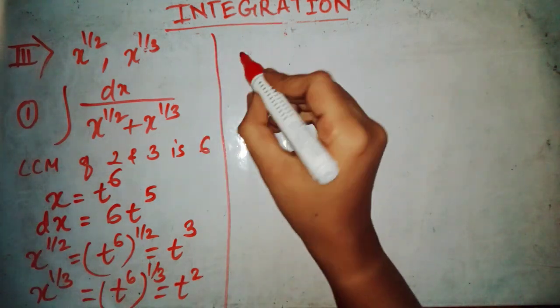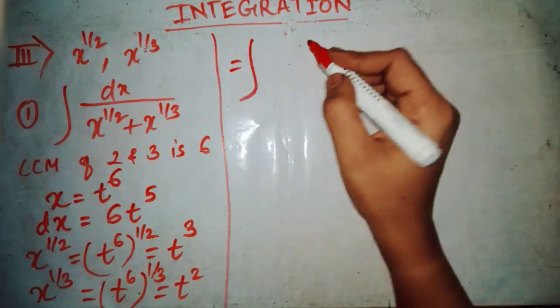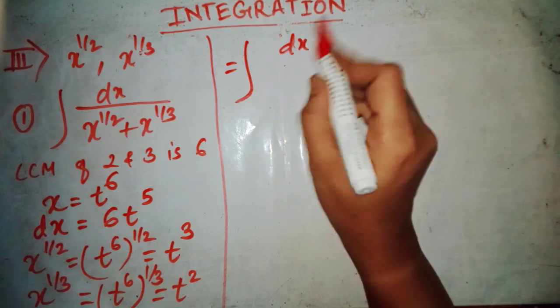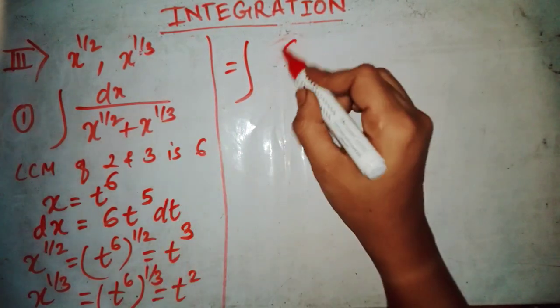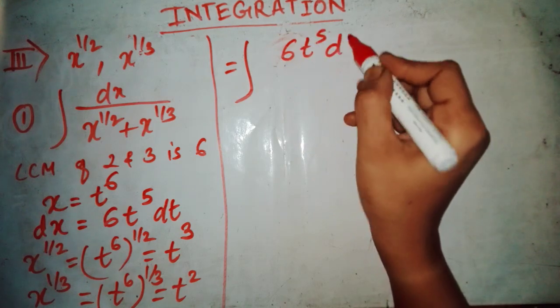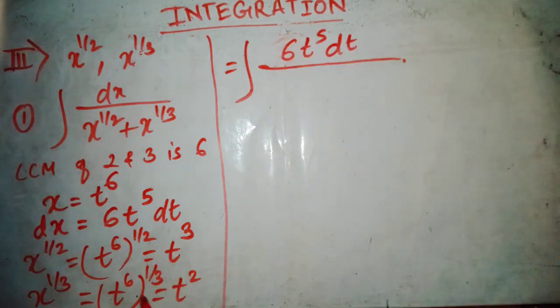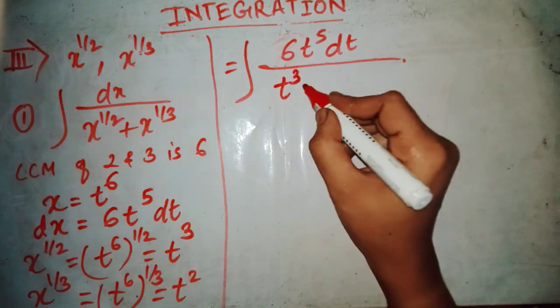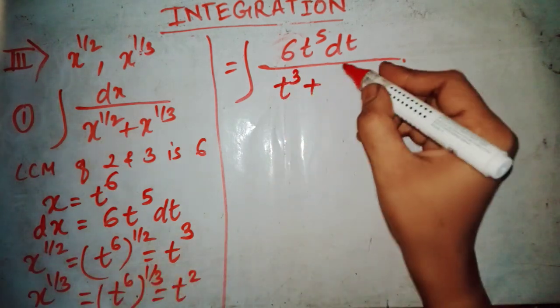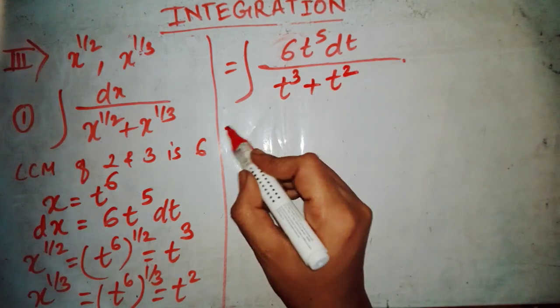Now you have to substitute it in the integral. In place of dx, it will be 6 t raised to 5 dt, and x raised to half is our t cube, and x raised to 1 by 3 is t square.